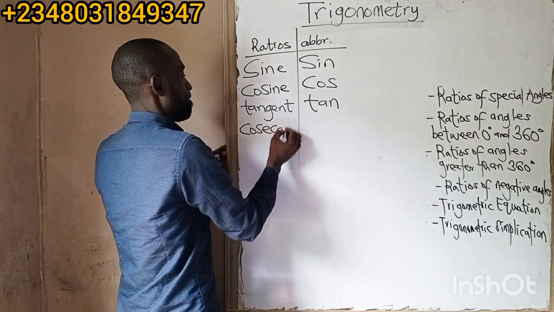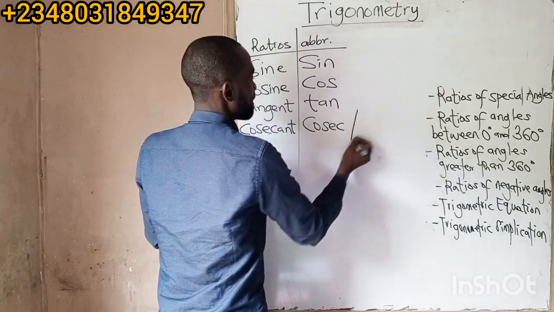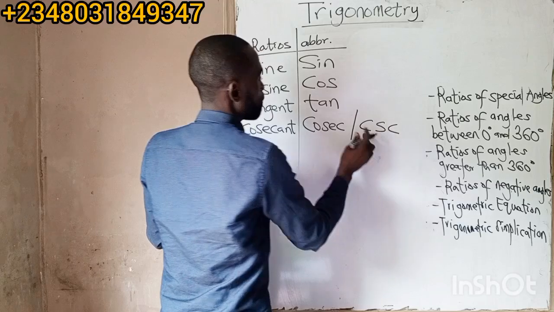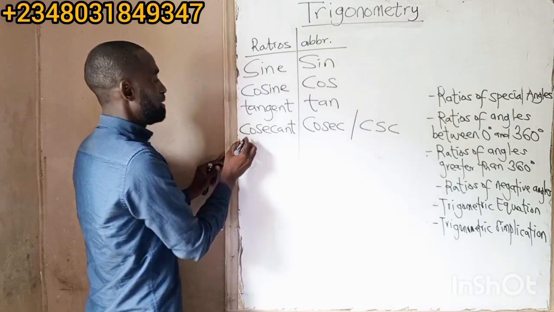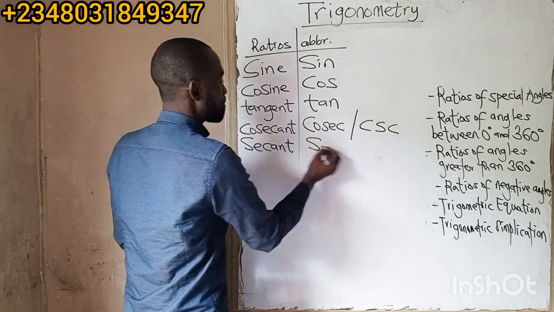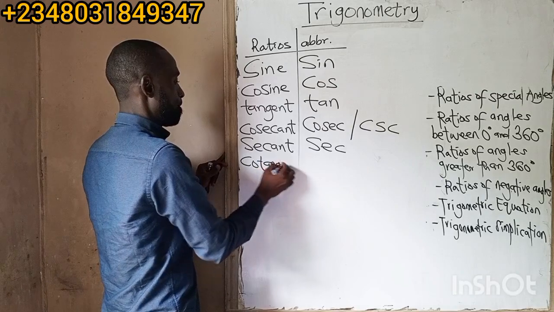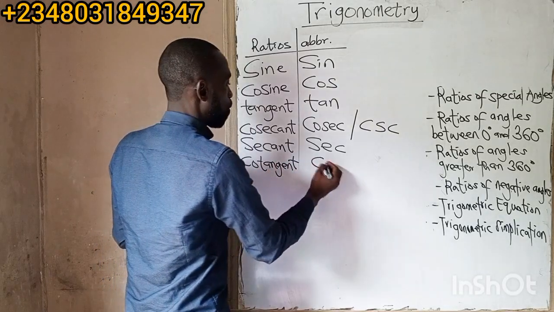Cosecant, let's see, cosec, or they say CSC. Are you with me? Then secant we have as sec. Then cotangent, we use cot.